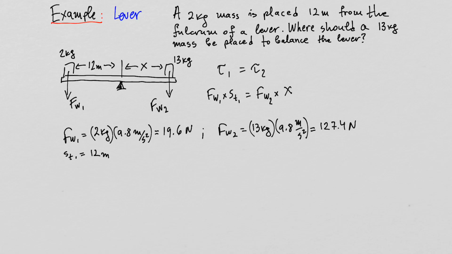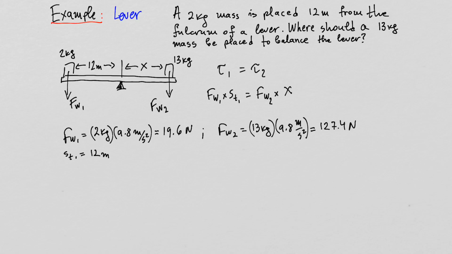The weight of the 2 kilogram mass is 2 kilograms times 9.8 meters per second squared, so that is 19.6 newtons. And the weight of the 13 kilogram mass is 127.4 newtons. And the torque arm of the weight of the 2 kilogram mass, ST1, is 12 meters.